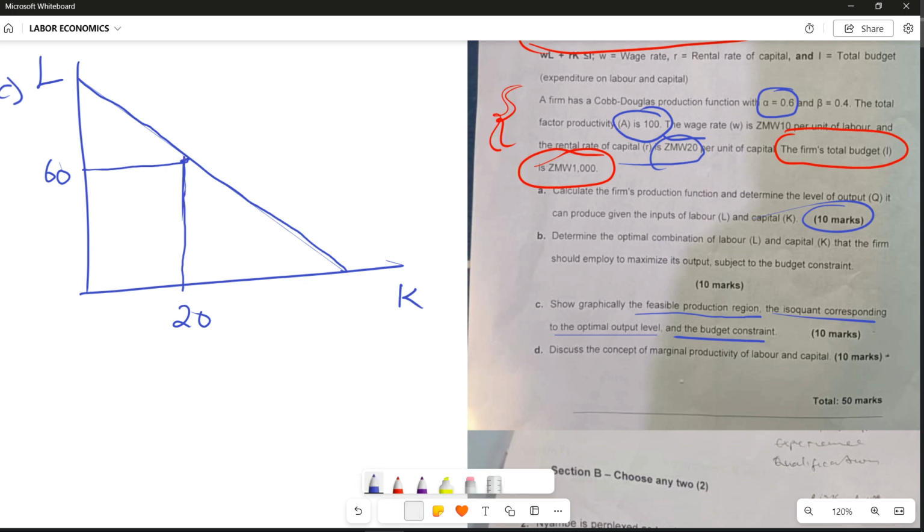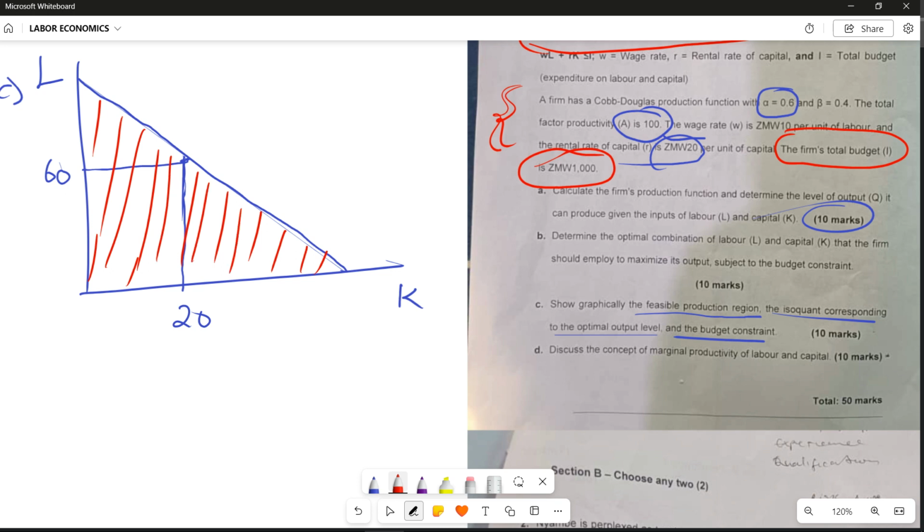Let me explain this. Anything within or below this line that we've drawn, in short, this region in red here, is what we call the feasible region.